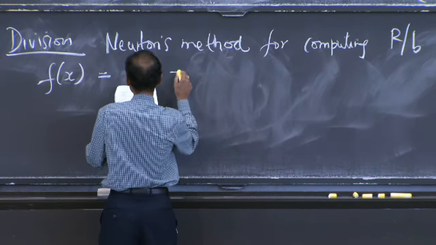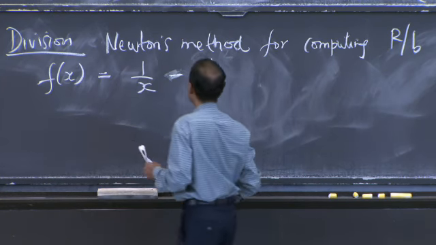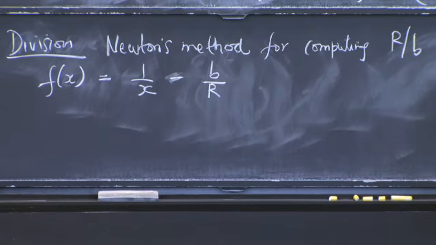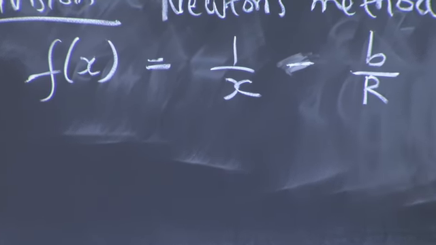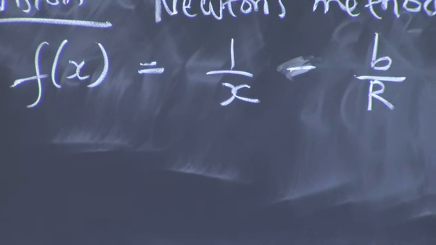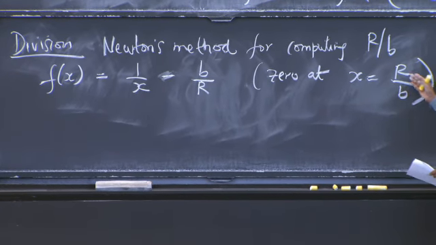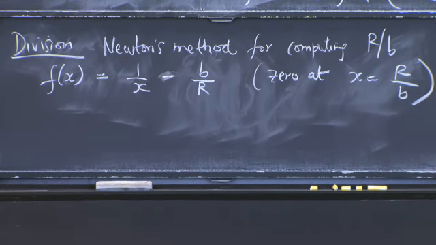I'm going to set up a function, f of x equals 1 divided by x minus B divided by R. Okay? So what this means is that this function has a 0 at x equals R divided by B. So if I try and find the 0 of this function, and I start out with a decent initial guess, I'm going to end up with R divided by B. And if I'm working with integers, effectively, that's the floor that I have for R divided by B. And then I do my shift, and I end up with 1 over B. All right?